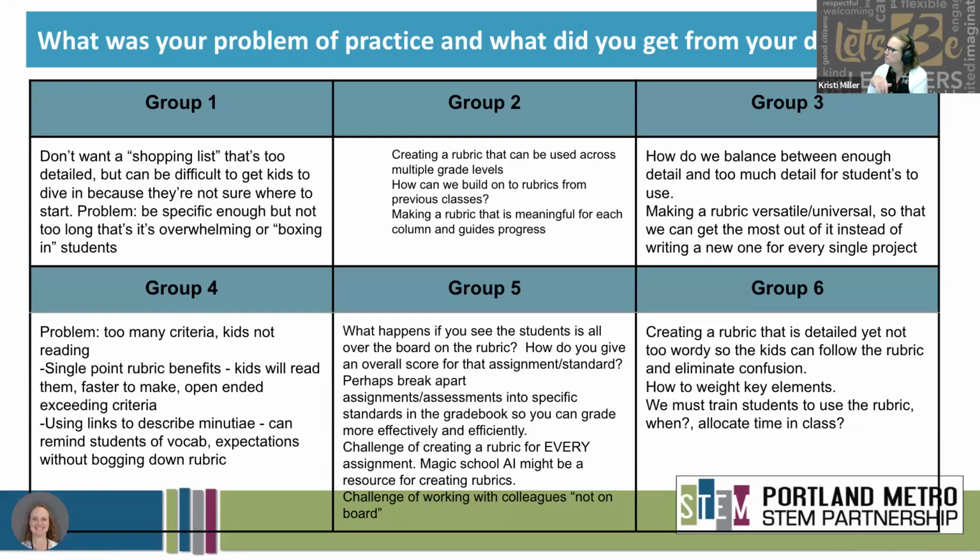Group 3 is talking about, it's kind of like group 1. How do we balance between enough detail and too much detail, making it universal, but then useful enough to give enough specific feedback, right? And again, my best answer is that it will take time and iterations of the rubric.